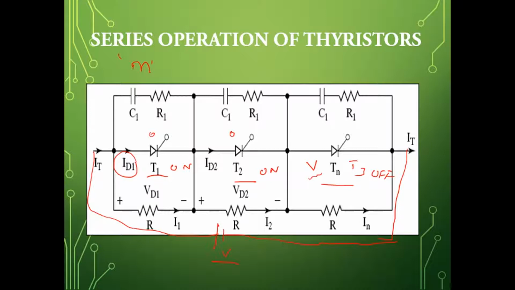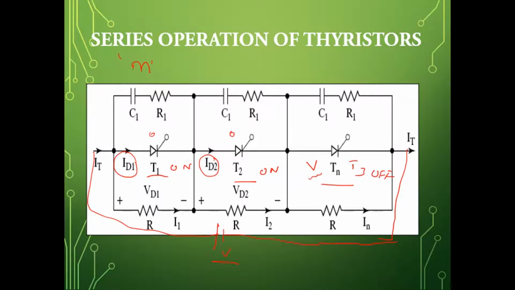Similarly, the off-state current of thyristor 2 is ID2, of thyristor N is IDN. The voltage across the first resistor is VD1, the second resistor is VD2. For obtaining the expression, we will assume that ID2 is equal to ID3 equal to IDN, for any number of thyristors, and the magnitude of ID1 is less compared to ID2, ID3.